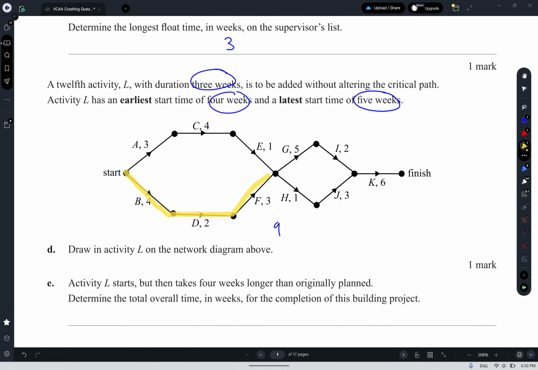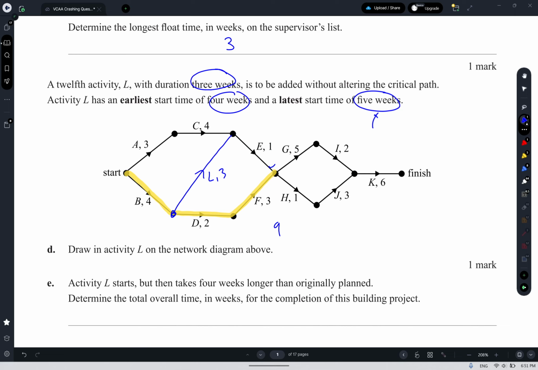So it's not going to be the first vertex. If I go to the second vertex, I'll do it again. If this starts at 5, it'll be 5 from here, plus 3 to get here is 8, plus 1 to get here is 9. That checks out. So that's where it goes. It goes in that location there.